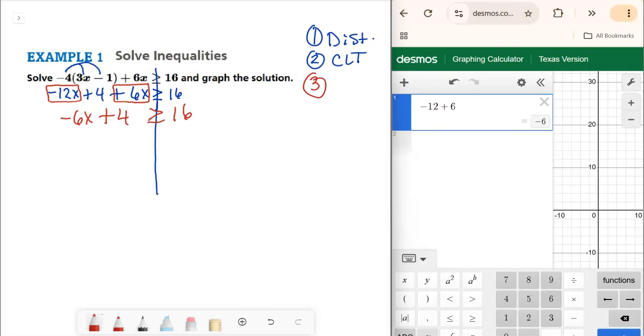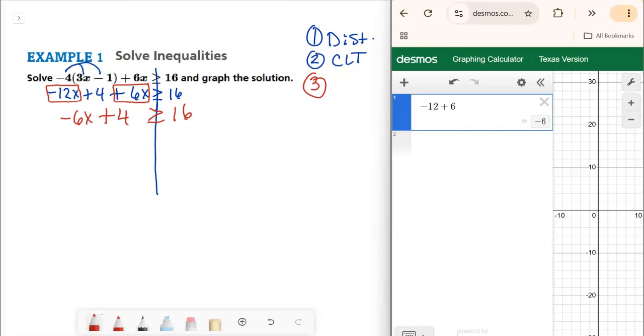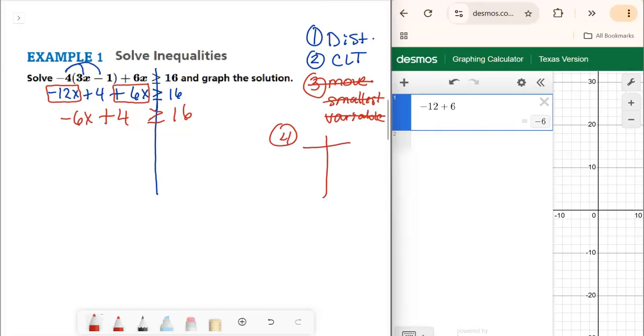Step number 3, move the smallest variable. Well, there's no variable on the other side, so I don't need to do that step. There's only one variable right here, the -6x. Step number 4 is do. What do you see happening with the x?